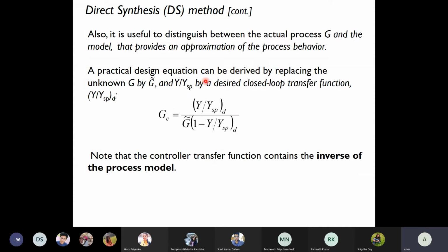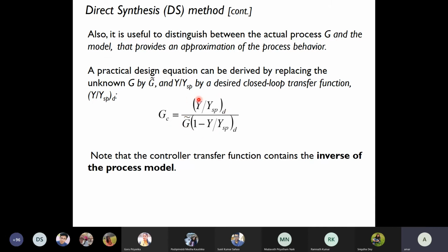So we can have a practical design equation of GC, which is (Y by YSP)d over G tilde. That means I put d over here because it is a desired closed loop transfer function which is known to me, and G is replaced by G tilde, which is the process model for G. The G is the actual process which is unknown, but the process model which I estimated from the process data is G tilde.